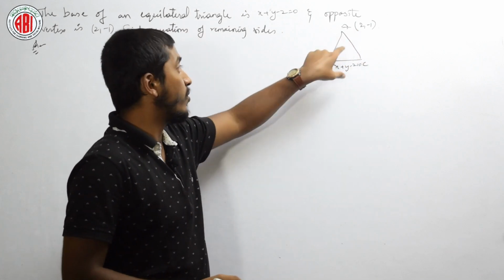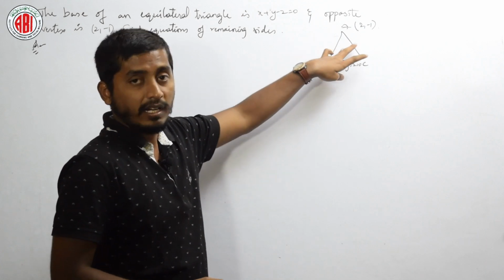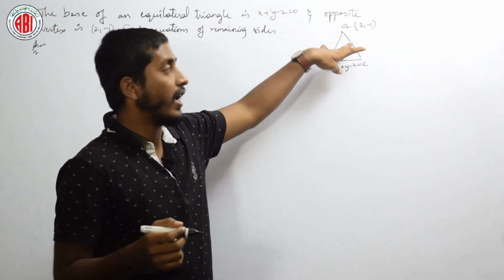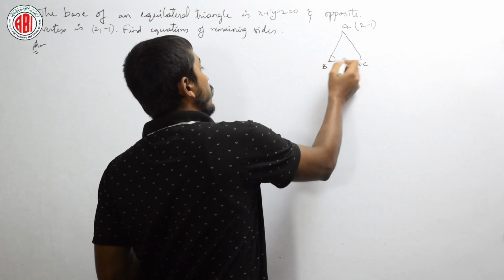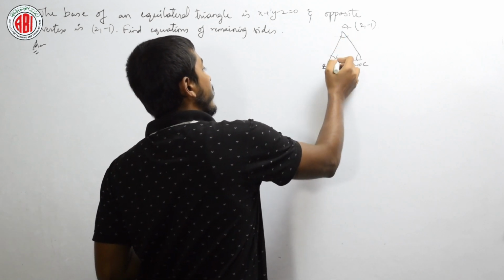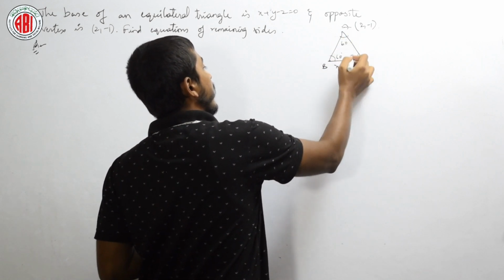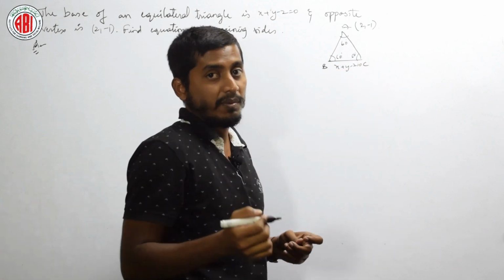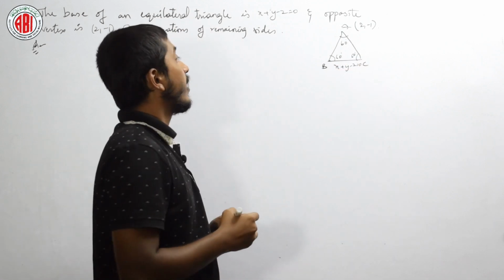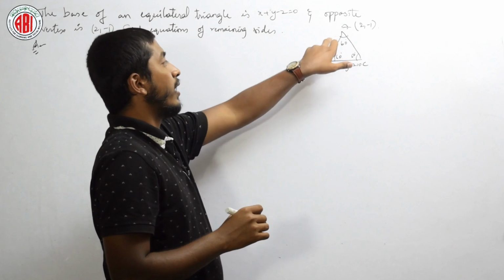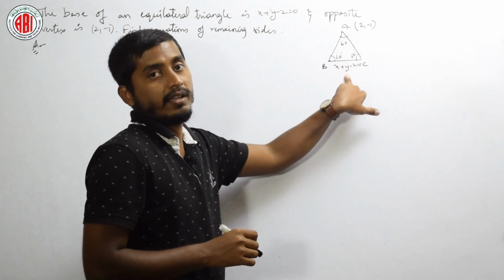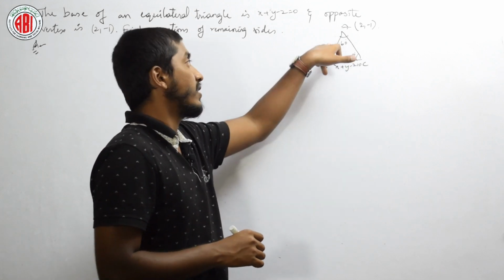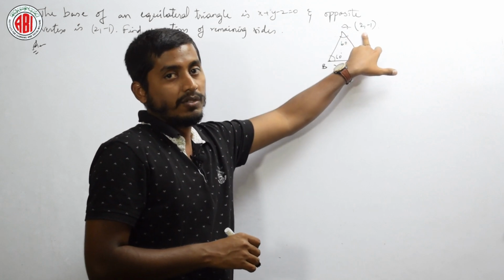What is the rule that we know in an equilateral triangle? All sides are equal and the angle between the two sides is always equal, which is nothing but 60 degrees. This is similar to the last problems which we did, right? The given angle between the required equation and this line is 60 and the equation passes through 2 comma minus 1.